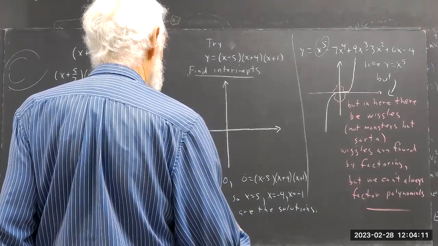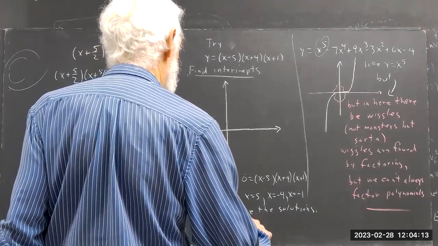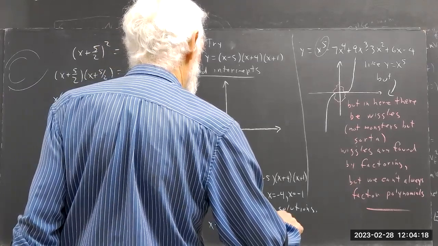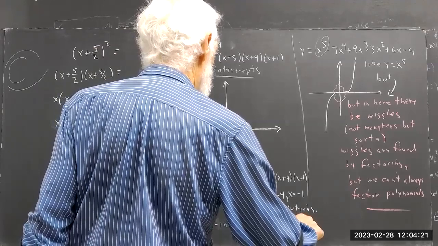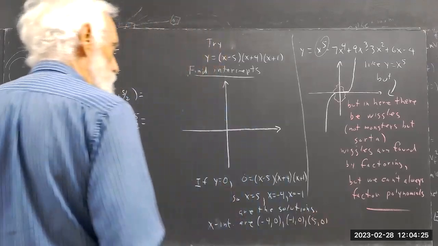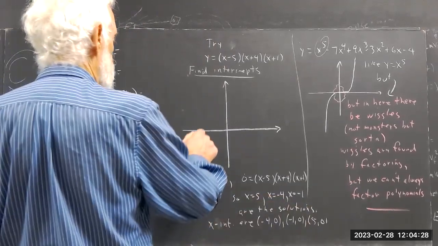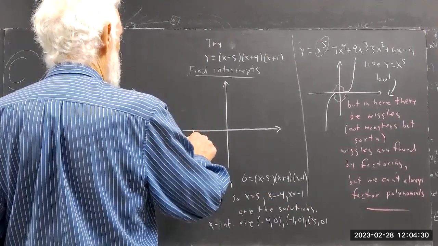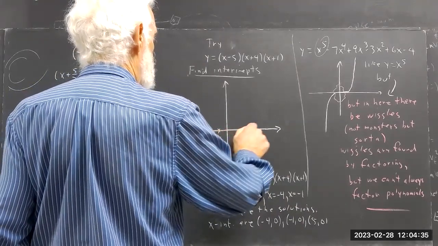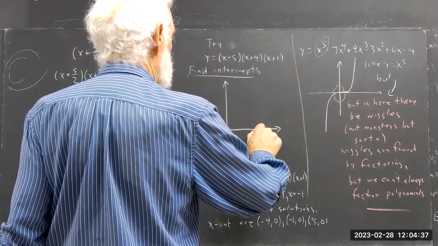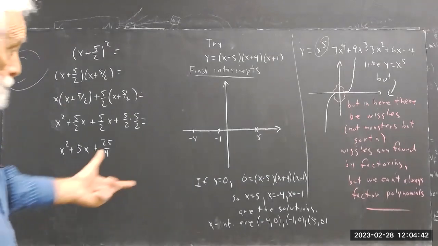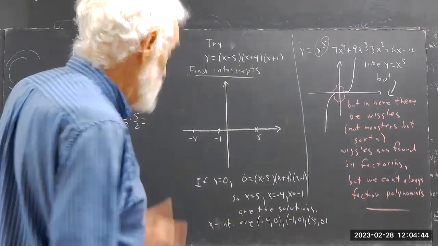So the x-intercepts are (-4, 0), (-1, 0), and (5, 0). So we throw those into the graph. That's a very easy step.